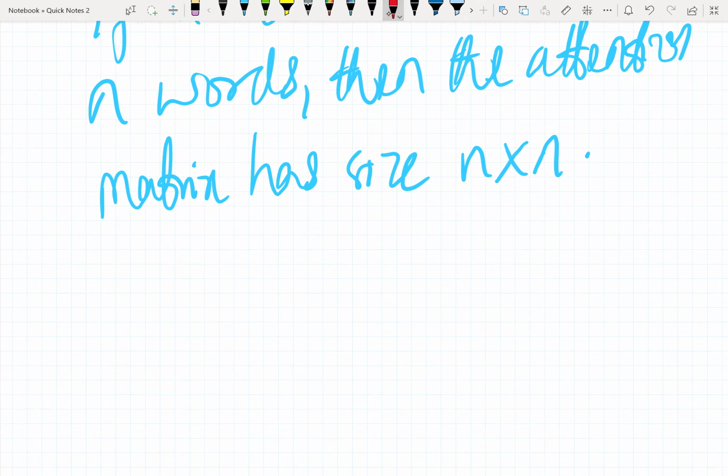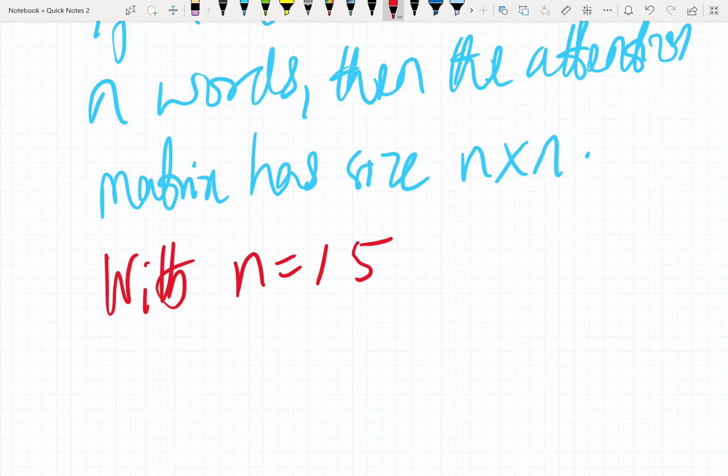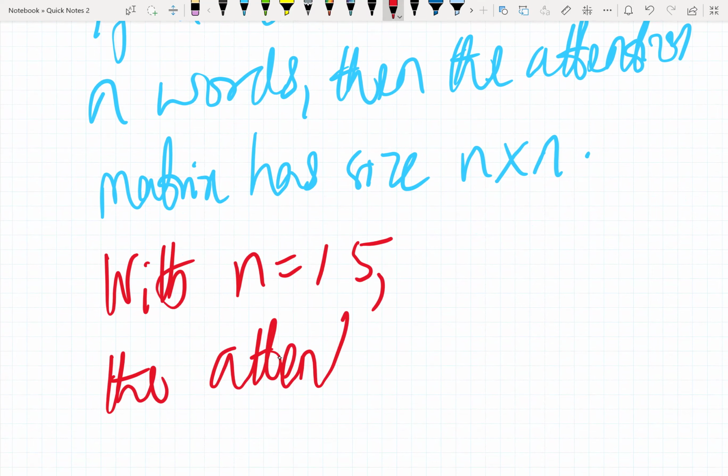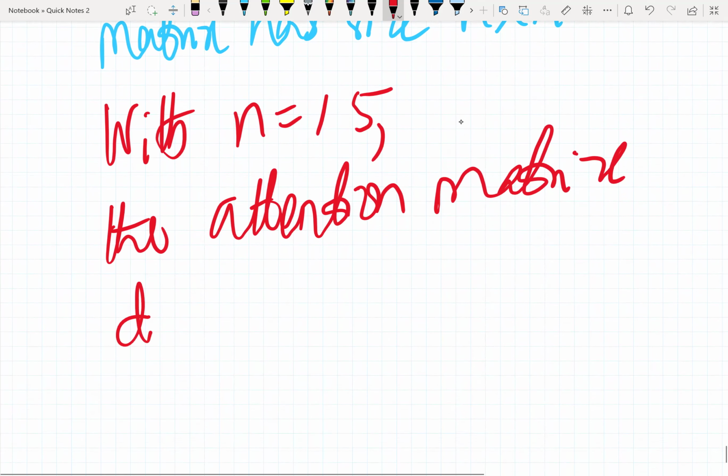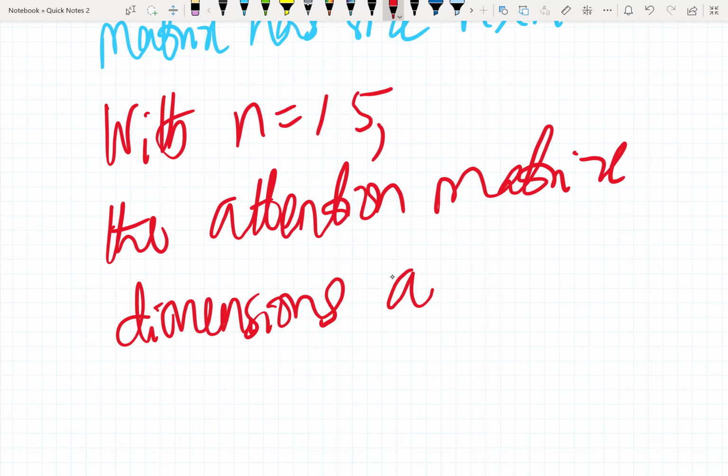So with n equals 15, the attention matrix dimensions are 15 by 15.